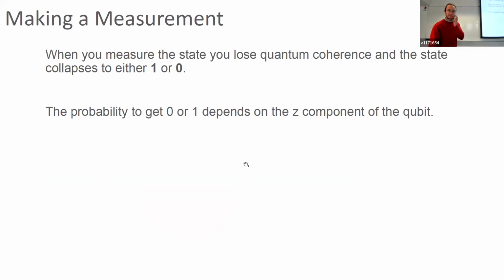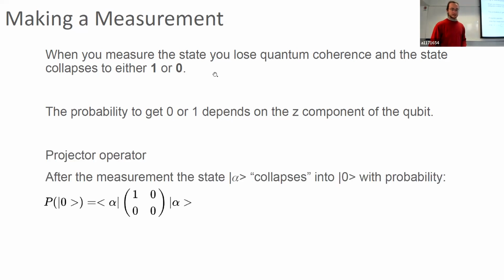Okay, good. So now we have a feeling of what we can do on one qubit. But then there's another bit of quantum mechanics that we need to understand, which is how to make a measurement of the system. This is something that is very deep theoretically, but I'll keep it simple and not discuss that.